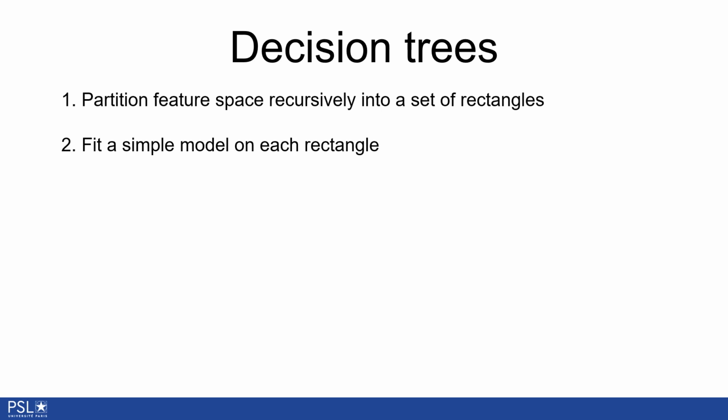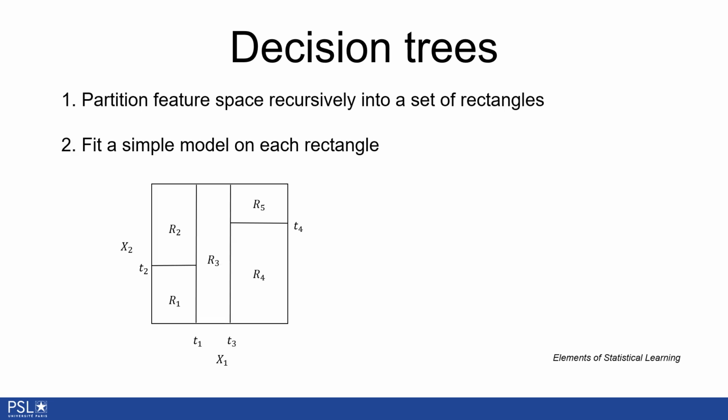Let's look at a simple illustration where we have two input features x1 and x2 so that the input feature space forms a square. A decision tree partitions this 2D feature space into a set of rectangles, shown on the left here. It then associates an output value with each of the rectangles, so that the output is piecewise constant.